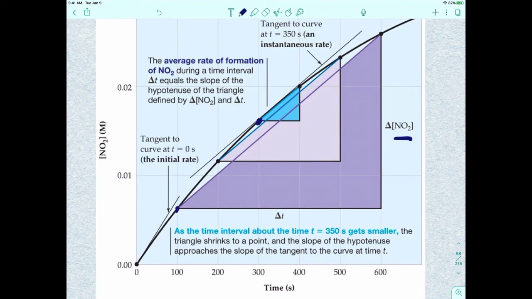So we use two specific points, and from that we get the slope out of those two points. Because you're going to have a wider time range, the average slope is not going to be very close to whatever that instantaneous rate is.